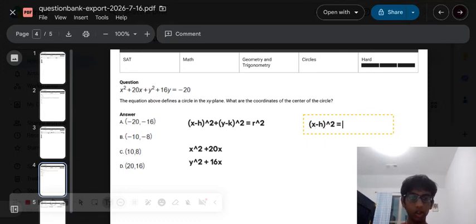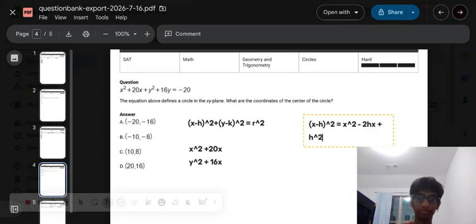When you have a quadratic in the form (x minus h) squared, if we expand this out, it will be equal to x squared minus 2hx plus h squared. What we're going to be doing is figuring out what h is. If you look here, we have 20x, so 20 will be equal to minus 2h.